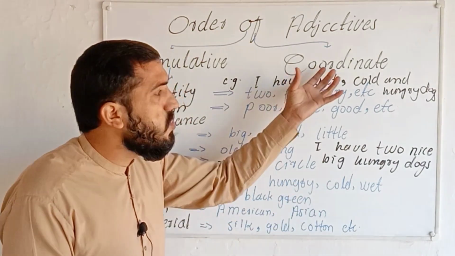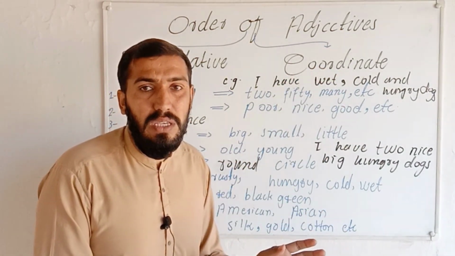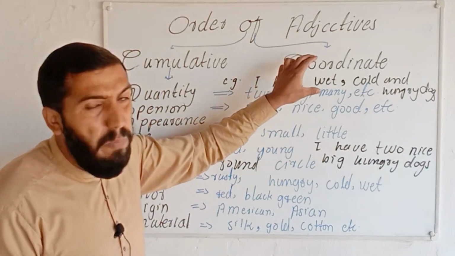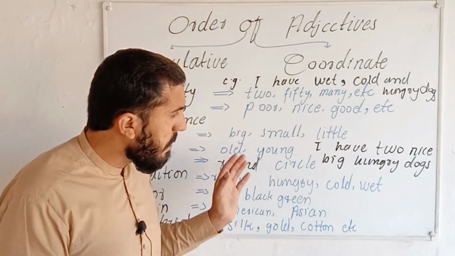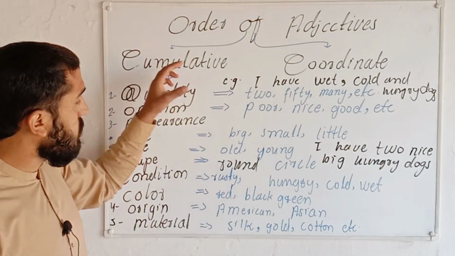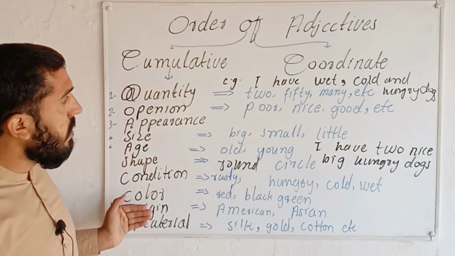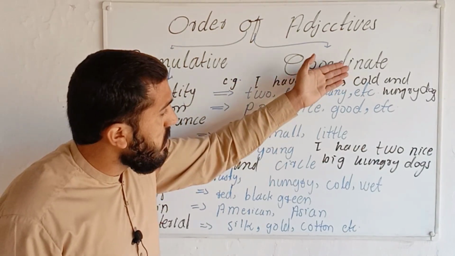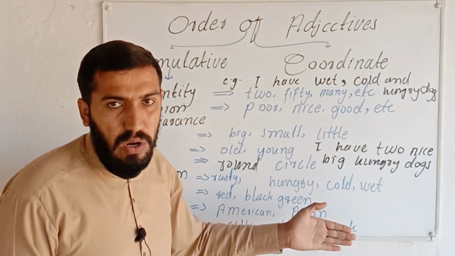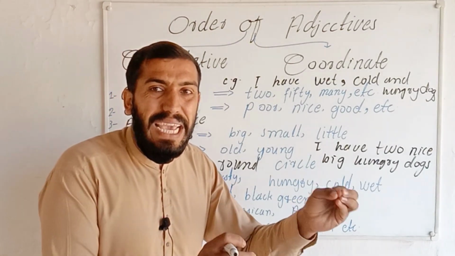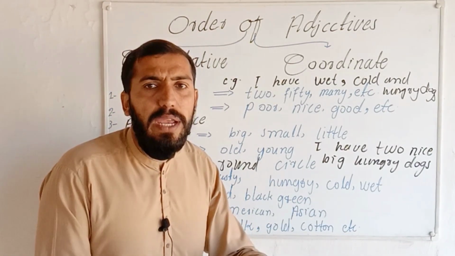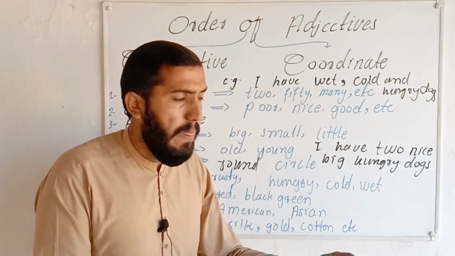Therefore, here you don't need to follow any order. Here you should make your own order depending on the kind of adjectives. Pretty simple. Cumulative adjectives follow this specific order, and coordinate adjectives do not follow any specific order. They depend on the kind of adjectives, and you can make your own choice.